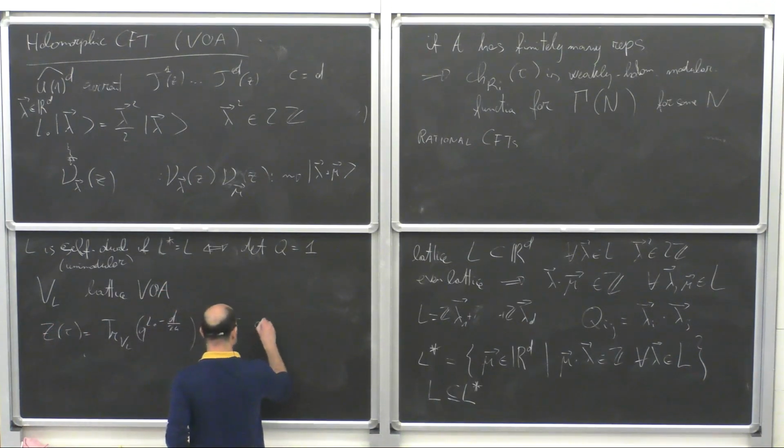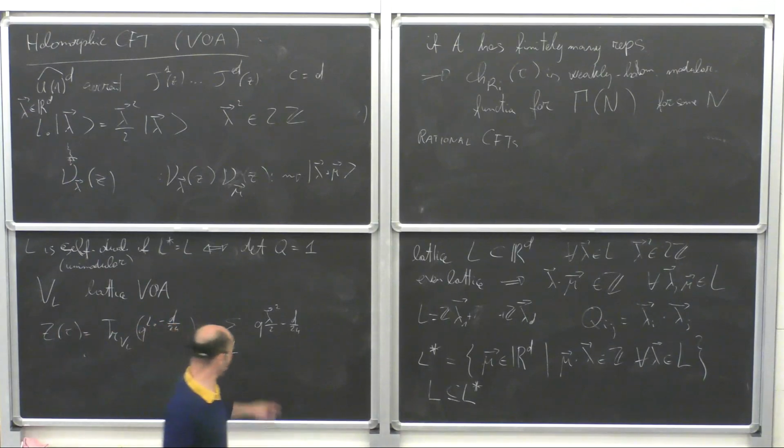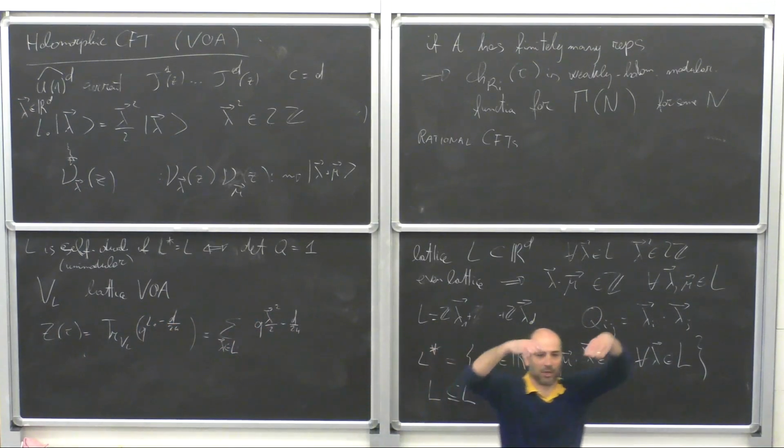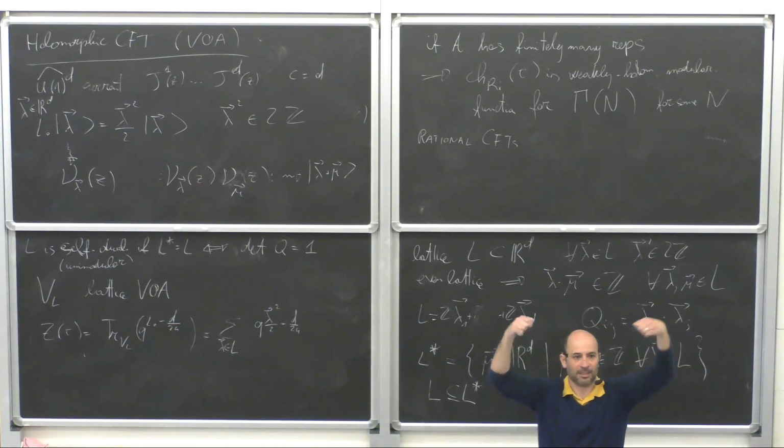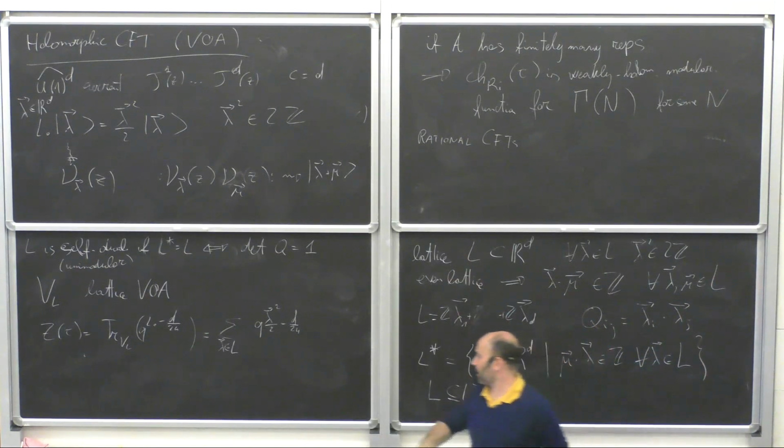The ground state has conformal weight lambda squared over 2, then you have a minus d over 24. This just comes from the ground state with charge lambda, and then you must act on the ground state with all your alpha negative mode operators to build the given representation of U(1)^d.